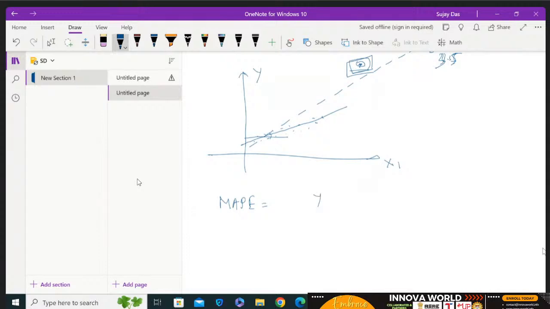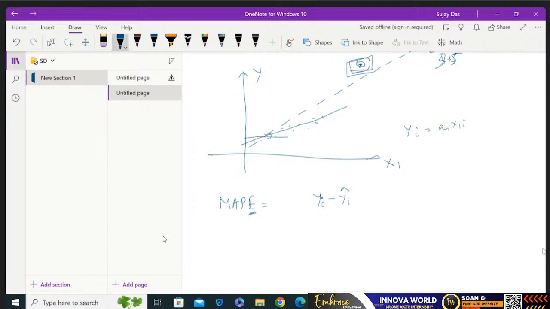So first let's write the error. Error is what? This is your observed value, and this is your estimated value. Say this is yi, and we have estimated it using a1 x1 plus a2 x2 and so on, plus some epsilon i.